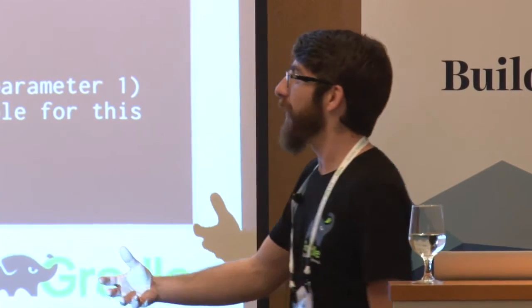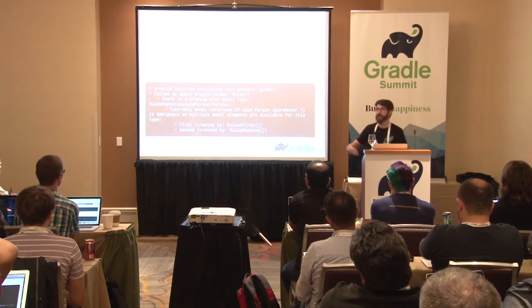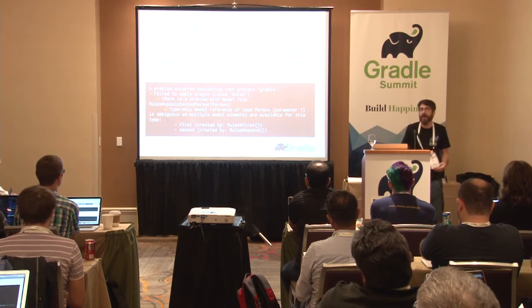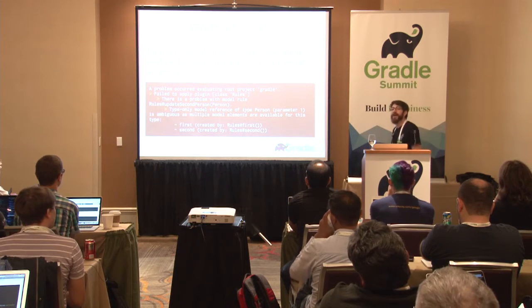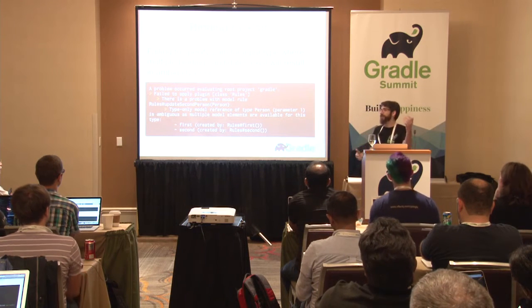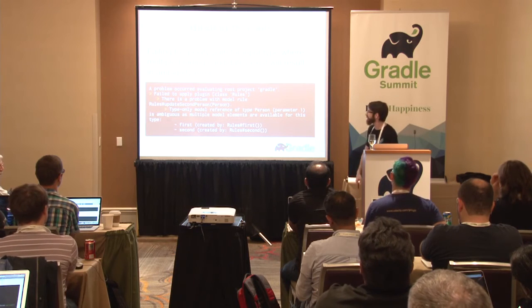Which is really going to ease the burden of, okay, I applied a plugin and I applied another plugin and somehow they clash in some way and my build script exploded, right? So how do I trace that back? If I have a complex build, I'm using half a dozen different plugins, how do I know which one is stomping on the other, right?